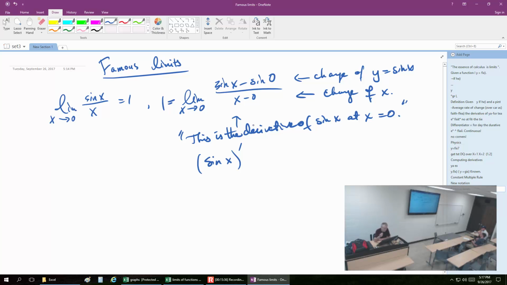So if I want to evaluate this function at x equals 0, this is how I write it: I write a vertical line and x equals 0. Okay, so a function, sine x, the derivative of sine, that's the function. And then what we have found out is that the value of this function, if x equals 0 is plugged in, you have the answer.